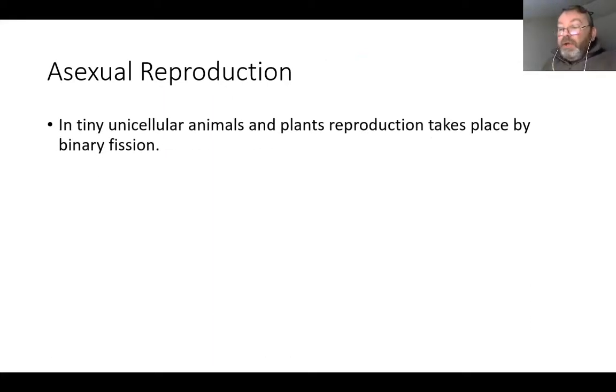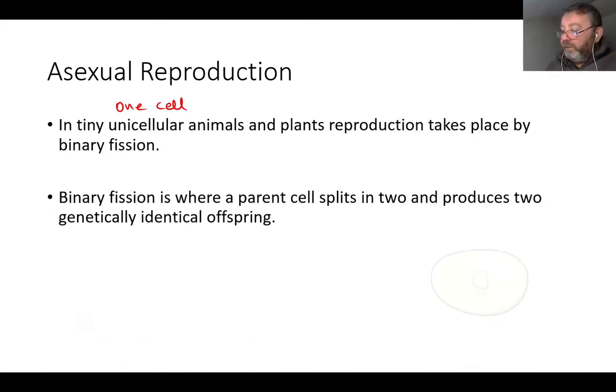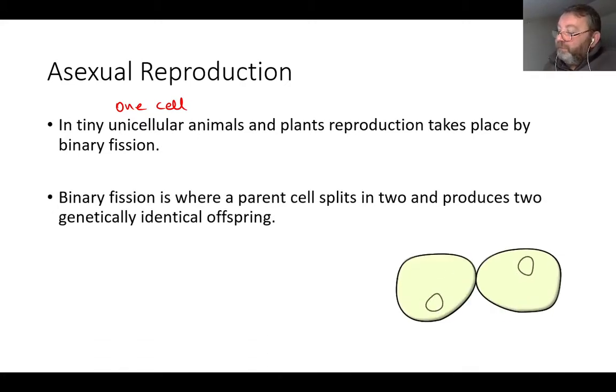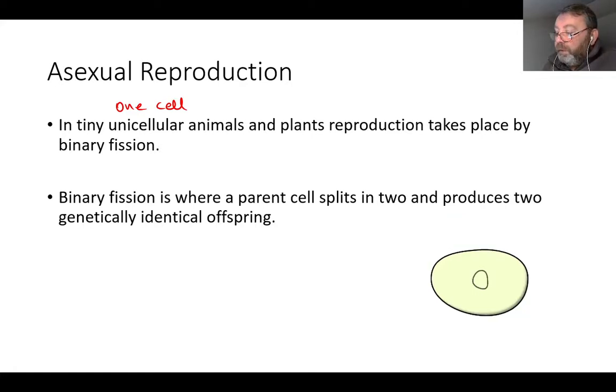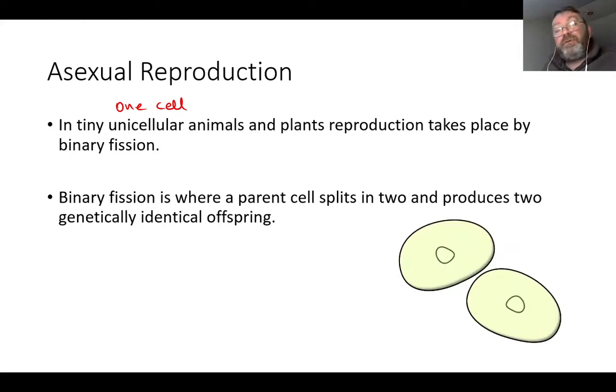In tiny unicellular animals and plants, reproduction takes place by binary fission. Unicellular just means one cell. What does binary fission look like? Well, here we go. One splits into two. See that? Try it again. One doubles its genetic code, splits it, and then produces two identicals.